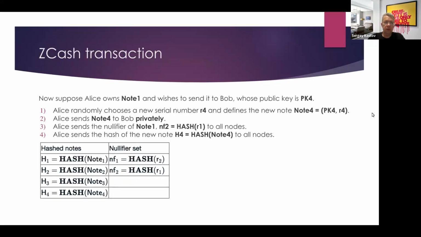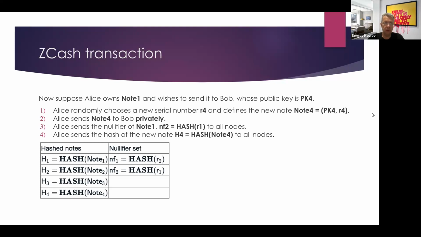And now let's imagine our private blockchain transaction, where Alice wants to send her coin to Bob. Alice has node 1, Bob has public key 4. What happens? Alice randomly chooses a new serial number, R4.